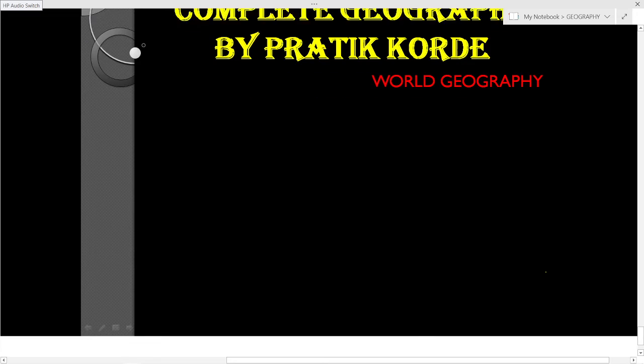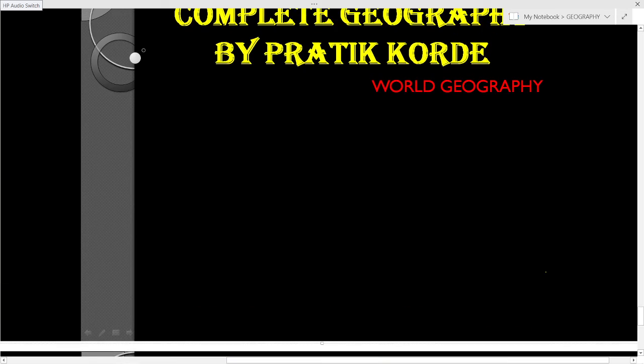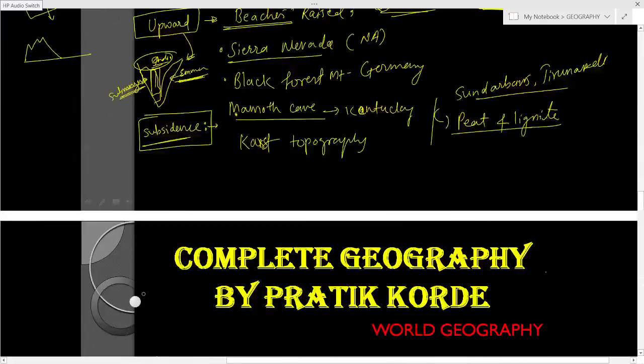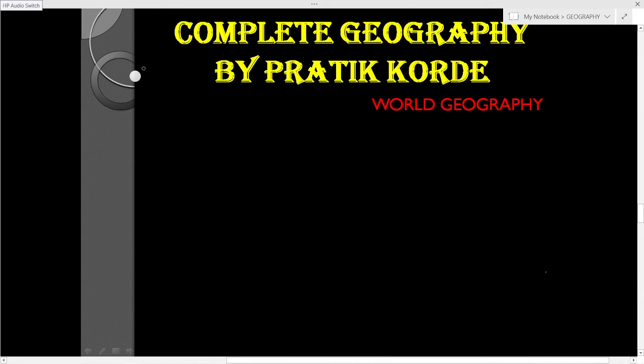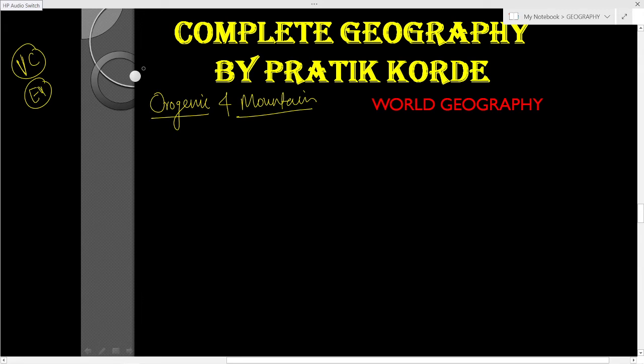The next topic here is the orogenic and mountain building process. Epirogenic means vertical forces, and vertical forces are also continental building.